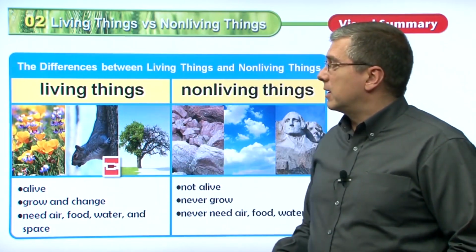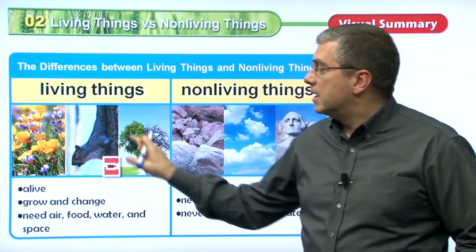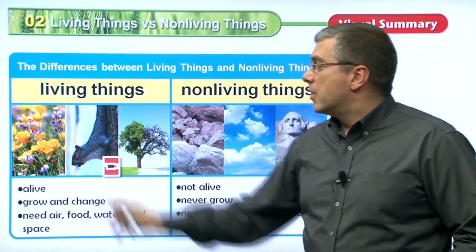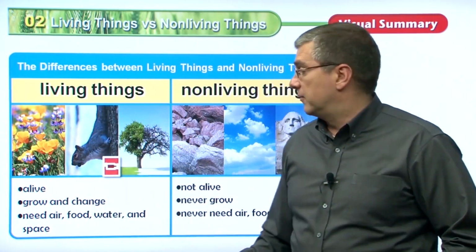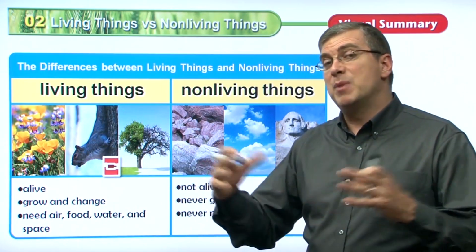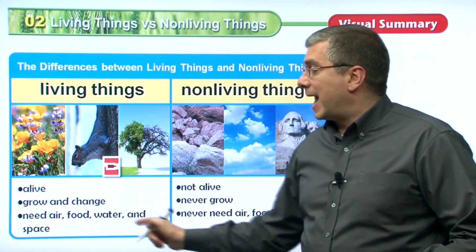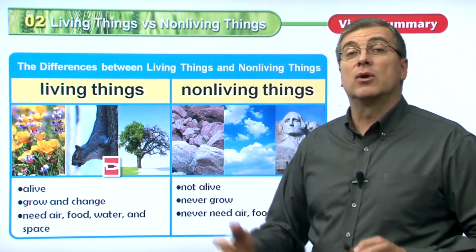Over here we have living things. We have pictures of flowers, a squirrel, a tree. These are all living things. They are all alive. They all grow and they change, right? They get bigger. They all need air, food, water, and space. They need space to move around in.